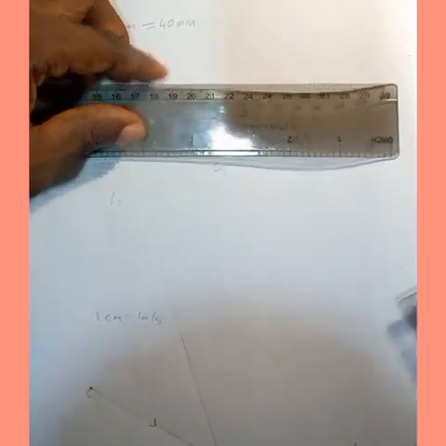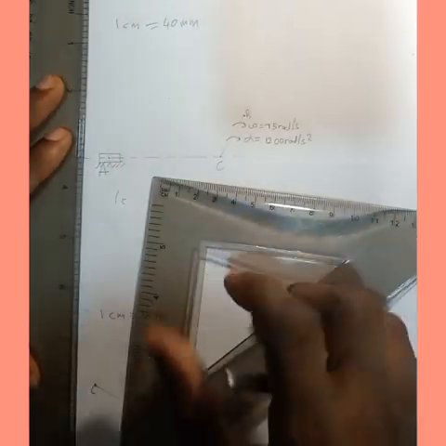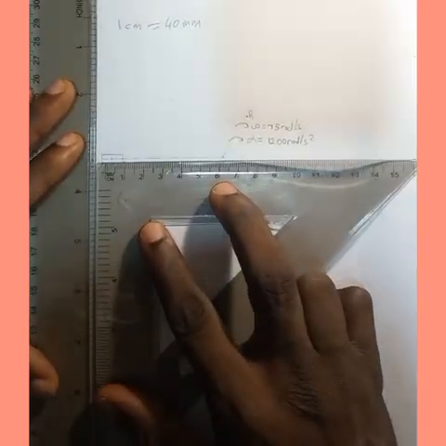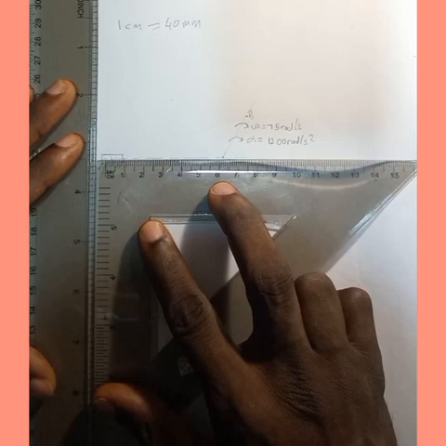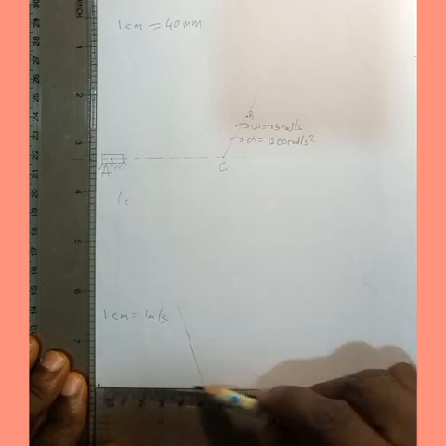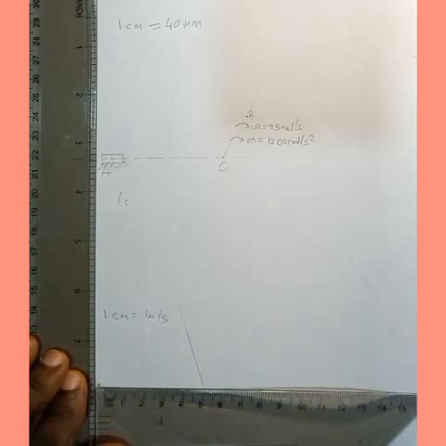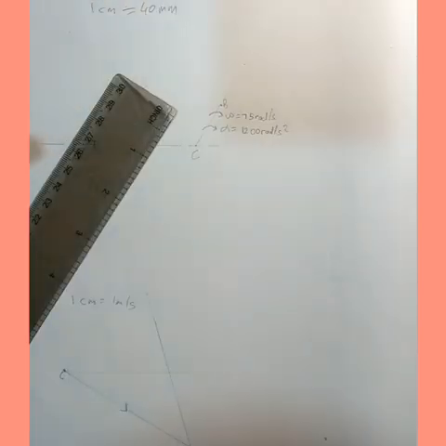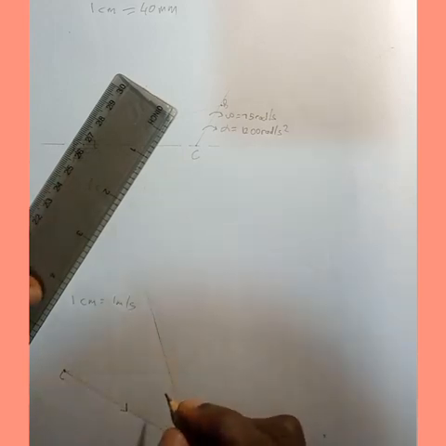So you find a way of drawing a line parallel to line AC. Now you take your set square, you can see it's parallel. You just drag it down here, and then you draw a line which is parallel.